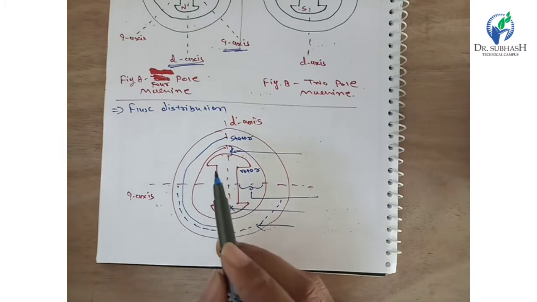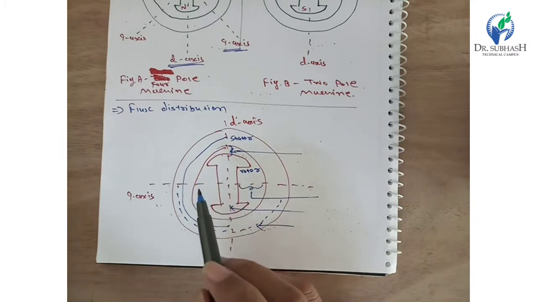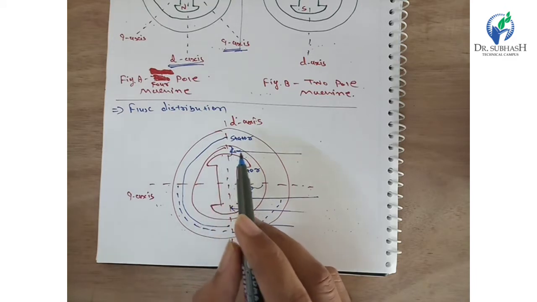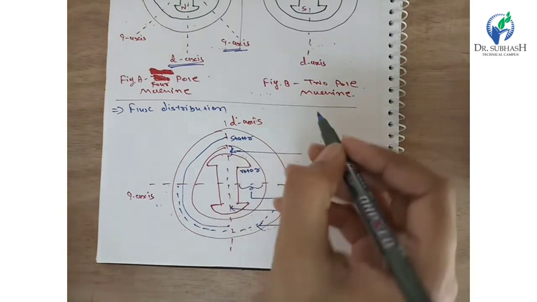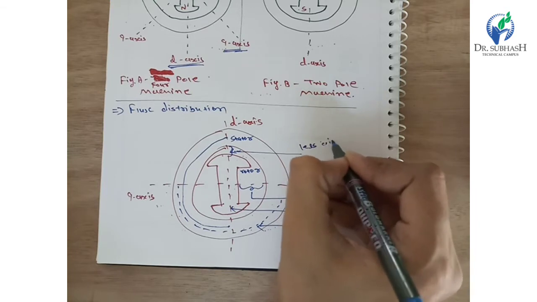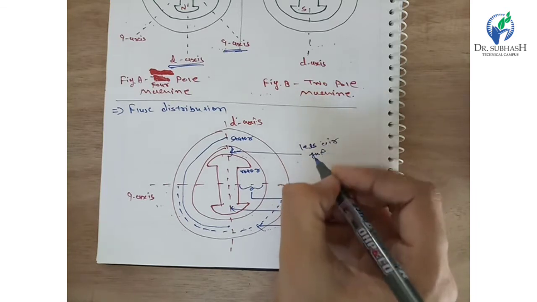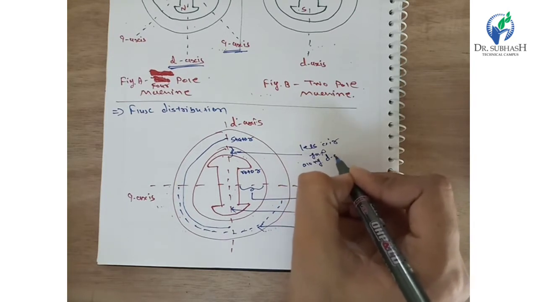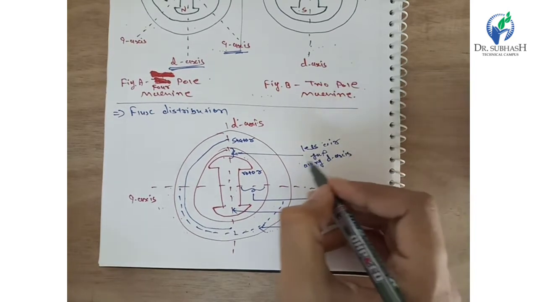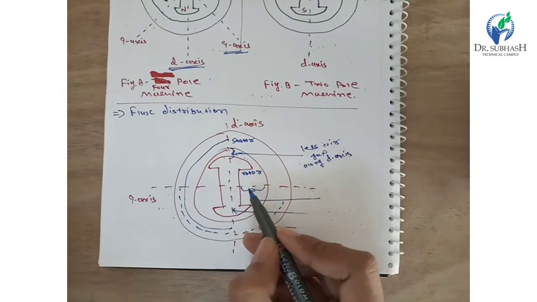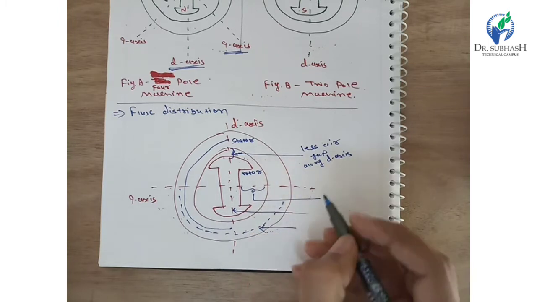In this figure, the air gap is not uniform, and there is less air gap between rotor and stator along the D axis, and more air gap along the Q axis.